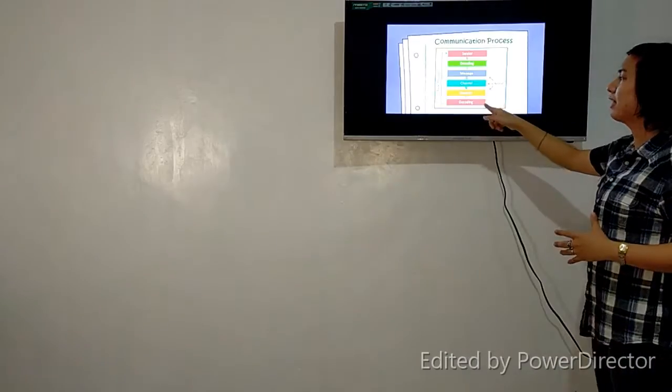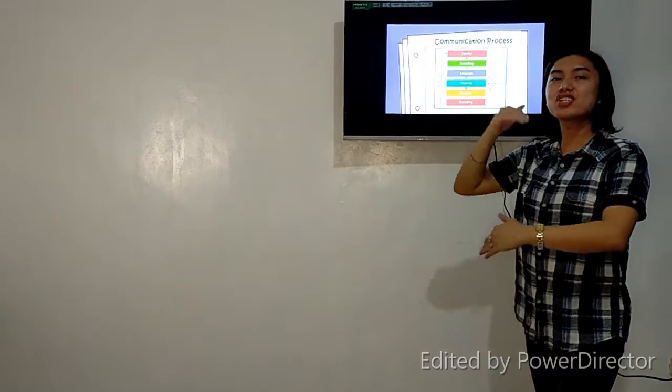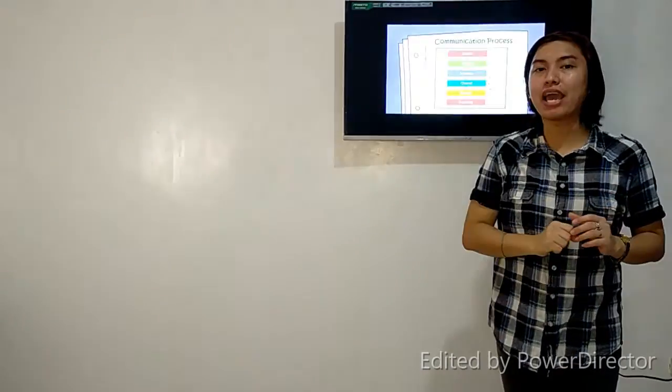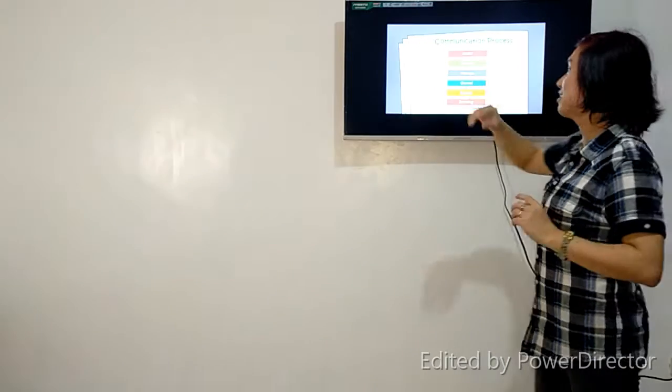And that is what we call the decoding process. Now, there is a shift between the roles of the sender and the receiver. The receiver, upon sending a reply or a feedback, will become the sender. And the sender will become the receiver, who will then receive the feedback or response of the receiver.